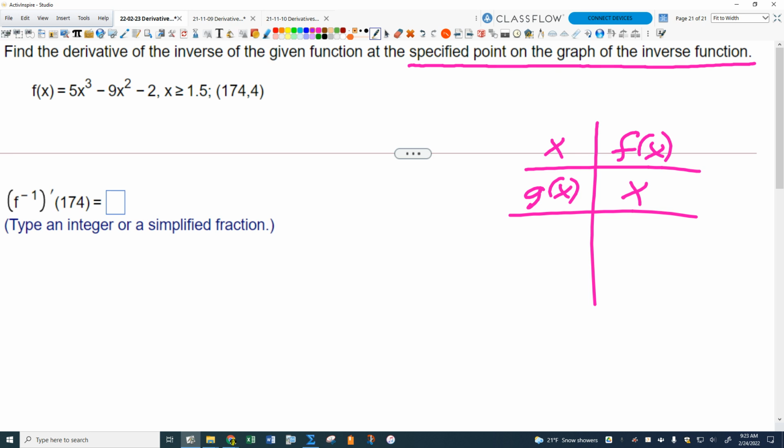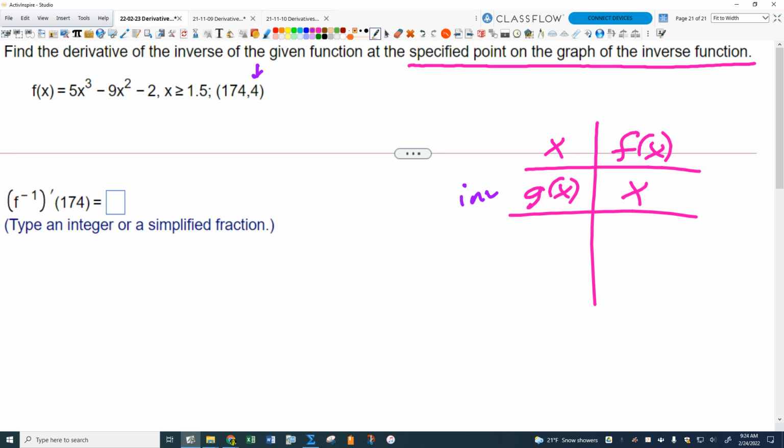It's the actual input into the inverse row. Does that make sense? I tried one of these as a sample problem, and I just assumed this was just a point on the curve, so I was inputting a 4 into the inverse function, right? That's what you want to input.